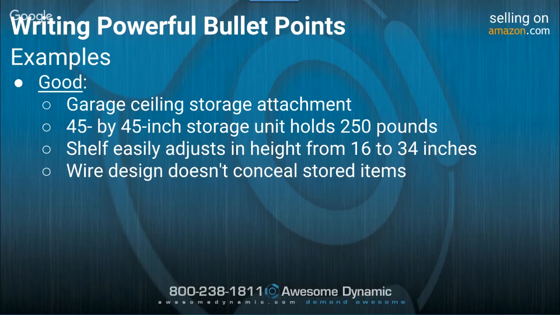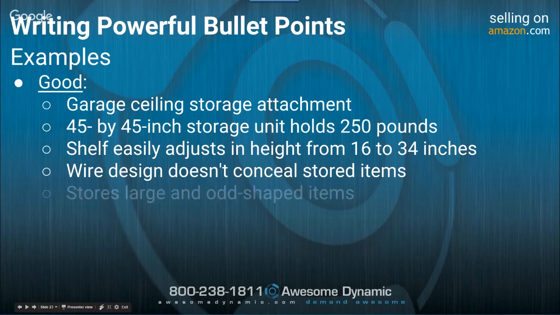Wire design, again, we're looking at the product detail, and the reason why that's beneficial is because you can actually see everything. It doesn't conceal anything. And this is just another benefit: it can store large and odd shaped items. So these are excellent ones. The one thing we may want to put in here is any warranty information, as the last bullet point.